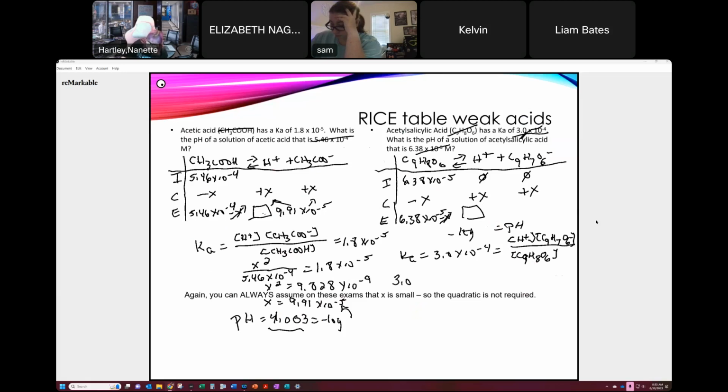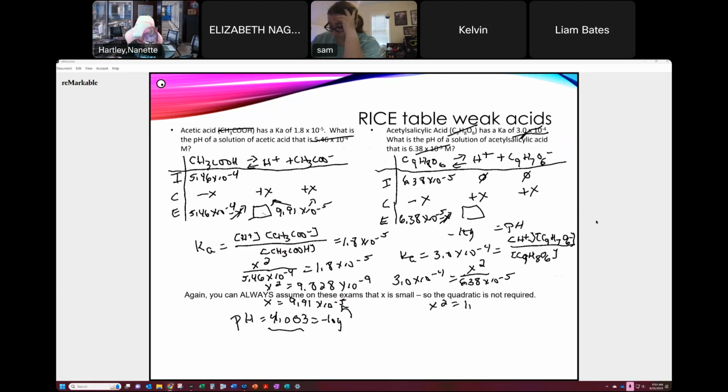So I have 3.0 times 10 to the minus 4th is equal to x squared over 6.38 times 10 to the minus 5th. We then get that x squared is equal to 3.0 times 10 to the minus 4th times 6.38 times 10 to the minus fifth.